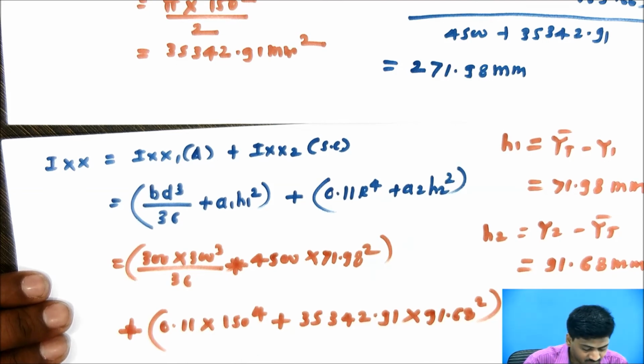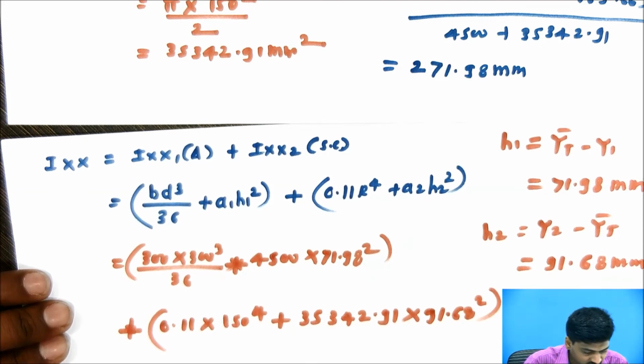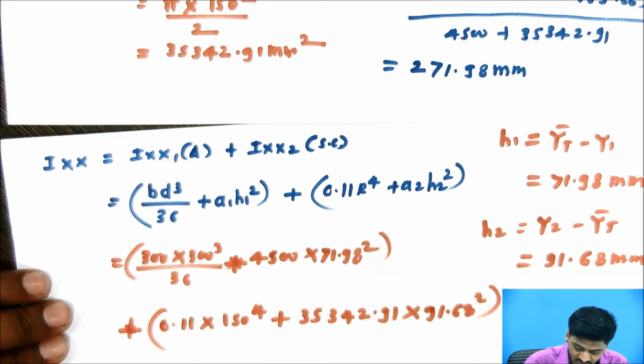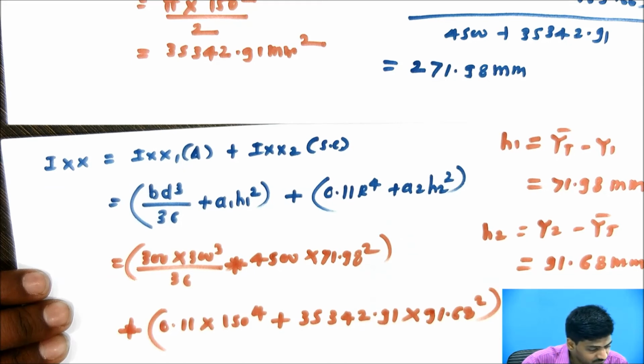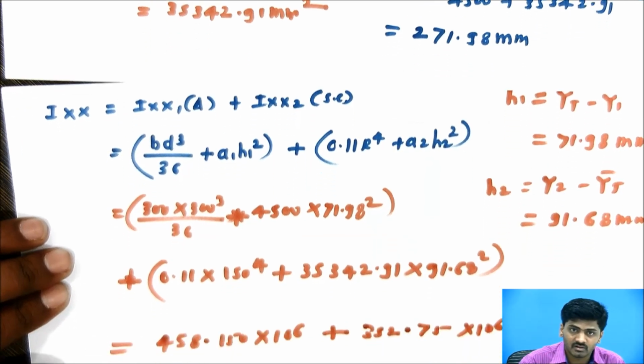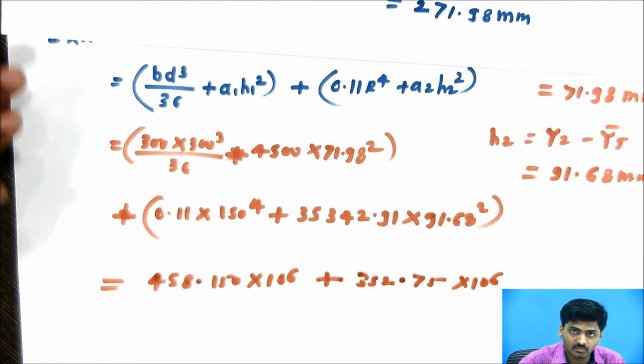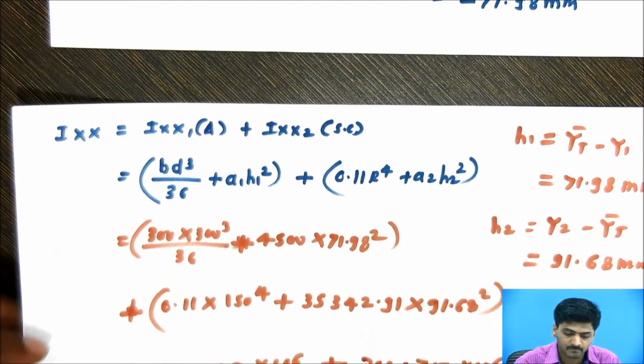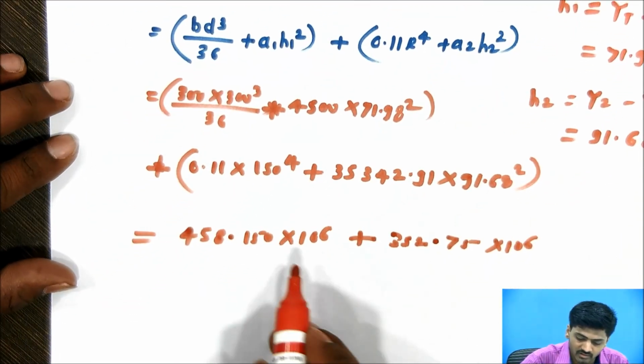Regarding the first bracket, 458.150 into 10 power 6, plus 352.75 into 10 power 6. This is the moment of inertia for figure number 1 and figure number 2.